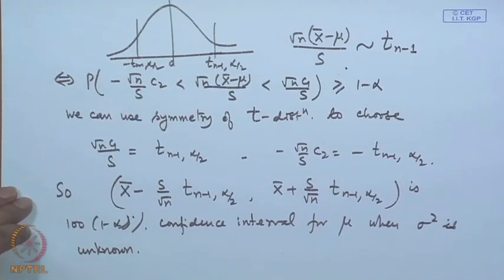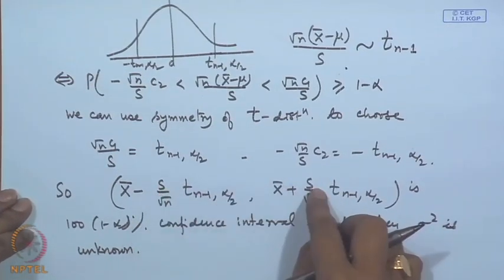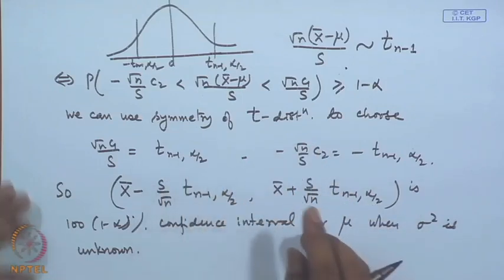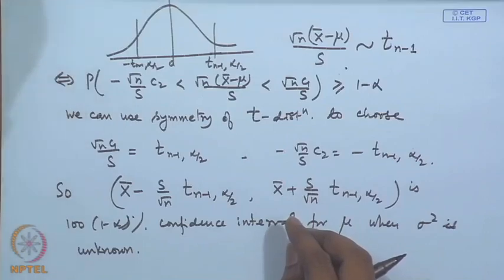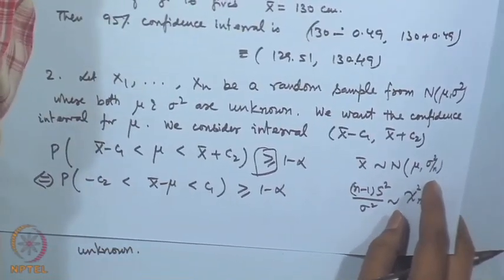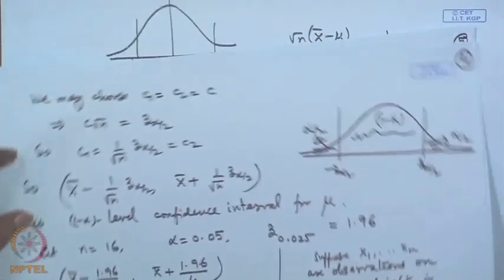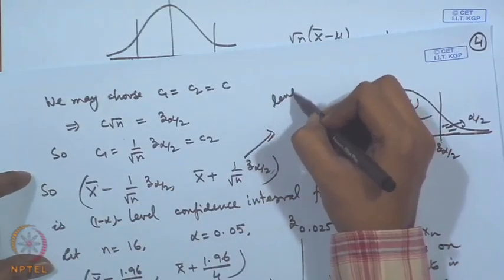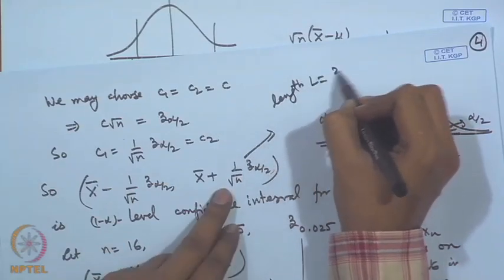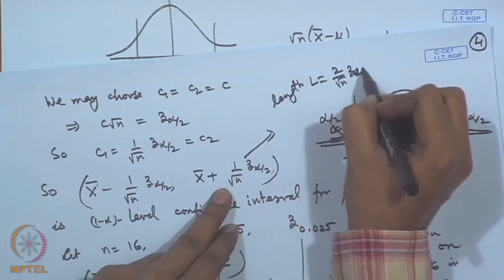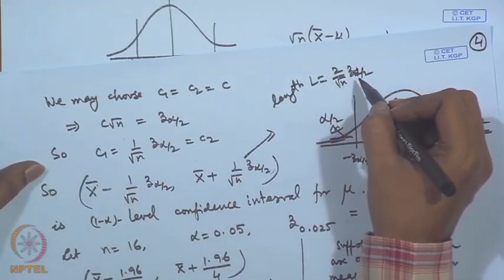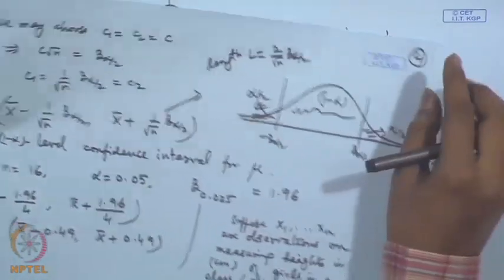When sigma square was known, then sigma would have come here, as I solved the problem with sigma equal to 1. Also let us note down some features here. For example, what is the length of the interval? In the known case, the length of the interval is equal to 2 by root n z alpha by 2, which is actually free from the parameters and free from the random variable.